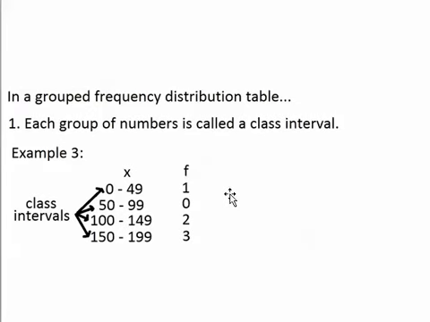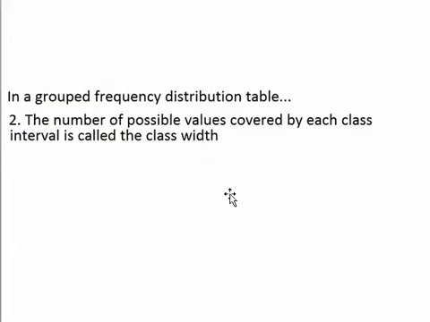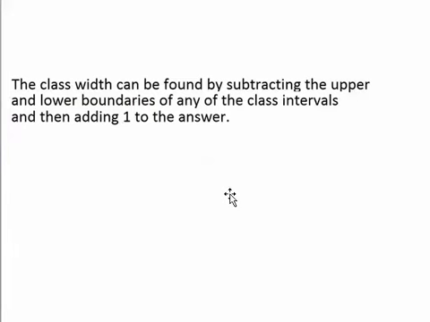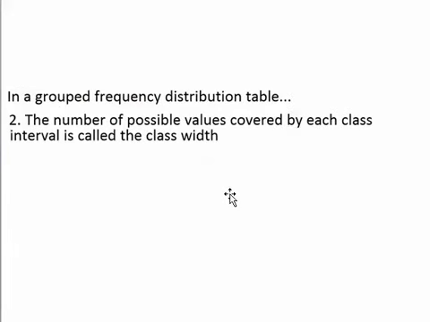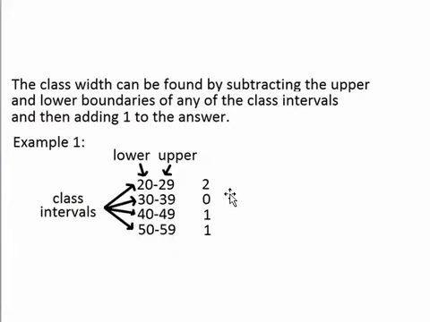And the number of values that are covered by each class interval is called the class width. So we'll talk about the formula for the class width. But first, before we talk about the formula, I wanted to talk a little bit about what the class width actually is. So let's look at this first class interval here.